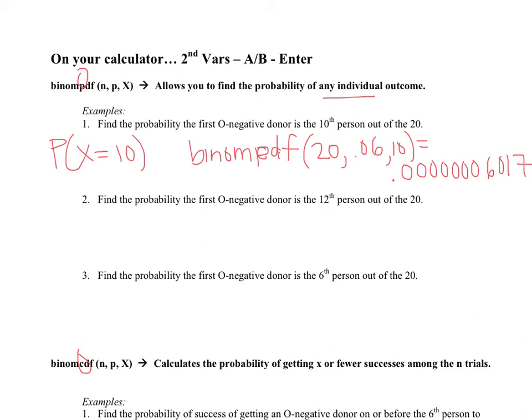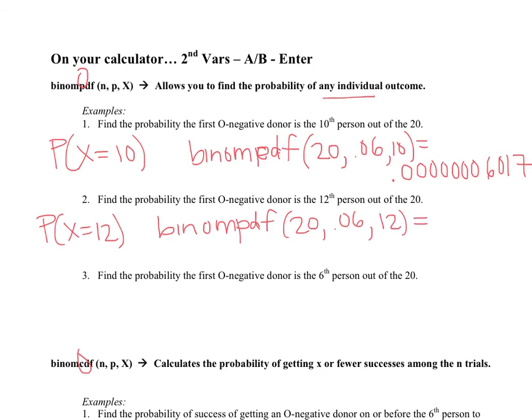So what do we think about if it's the 12th person? Probably pretty small. So again, I'm going to set it up, binomial PDF, and I want 20. Again, probability is 0.06, and it's the 12th person. I get 1.67 times e to the negative 10th, so that means I need to move my decimal over quite a bit.